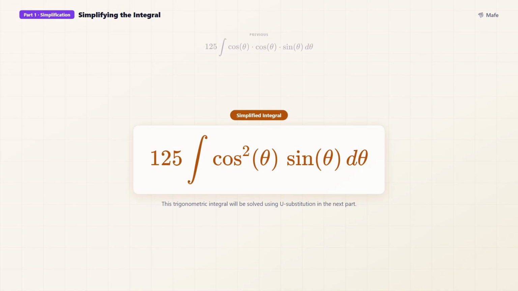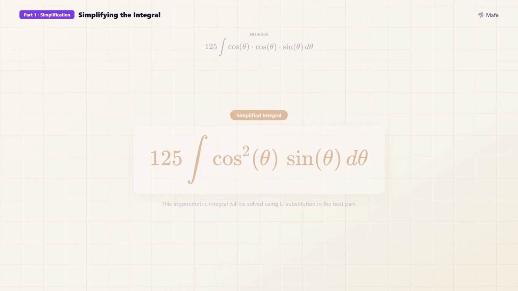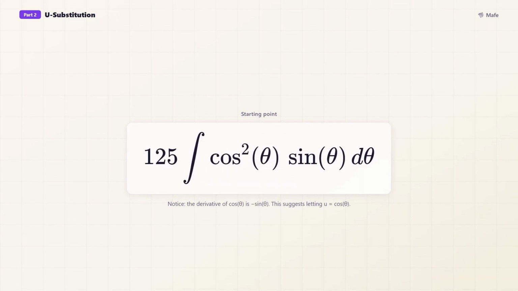In the next part, we will solve this using u substitution. We now focus on solving 125 times the integral of cosine squared theta times sine theta. We know that the derivative of cosine theta is negative sine theta.